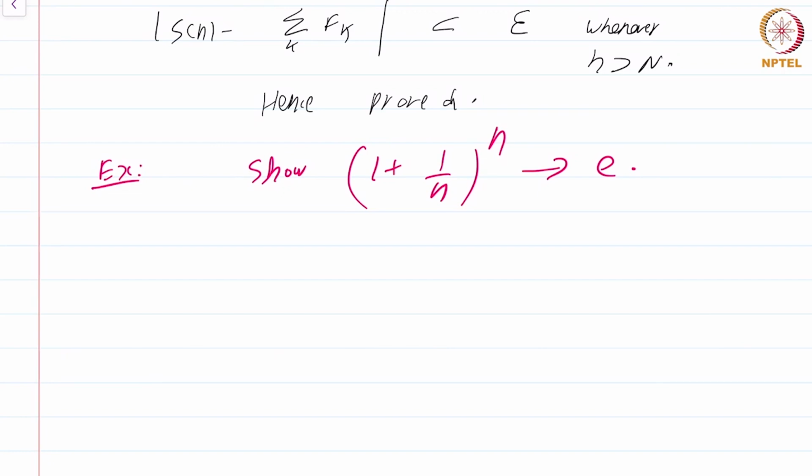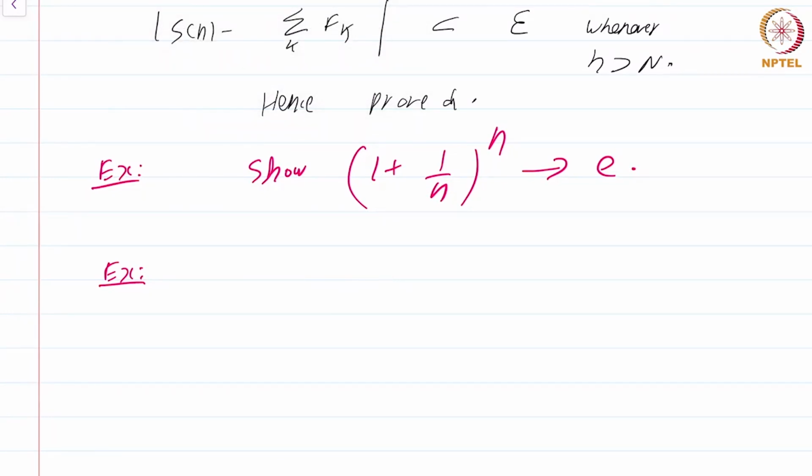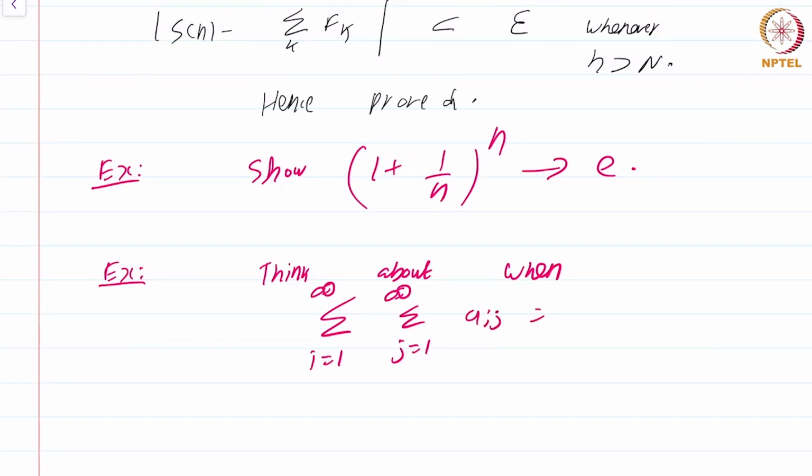You are going to prove a condition, or let me just leave it as an open-ended exercise now so that you can think about it later. Think about when the summation i equals 1 to infinity, summation j equals 1 to infinity of a_ij will be equal to the summation j equals 1 to infinity, summation i equals 1 to infinity of a_ij.